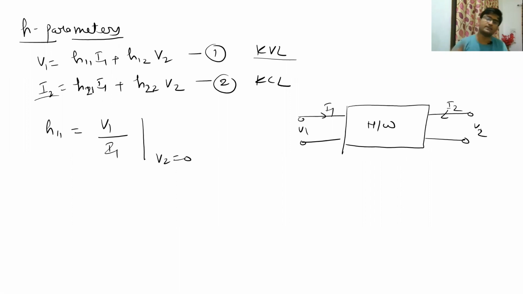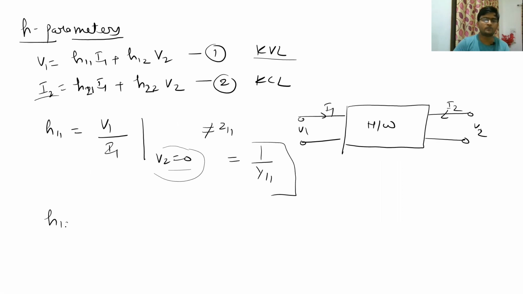But in calculating Z11, the condition was not V2 equal to 0, it was I2 equal to 0. So Z11 is an open circuit parameter. But here, since we are taking V2 as 0, which means we are making this terminal short circuit, H11 is a short circuit parameter, right? So H11 is not equal to Z11, but it is actually equal to 1 upon Y11. Keep this in mind.